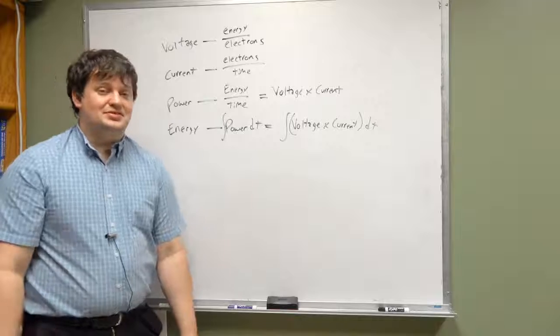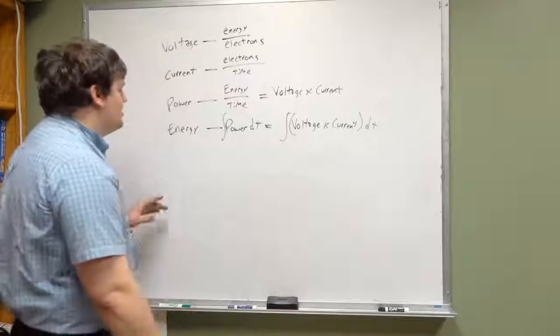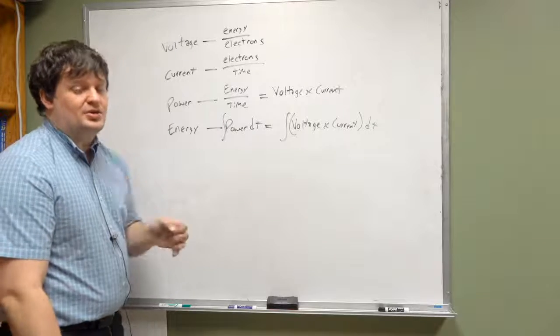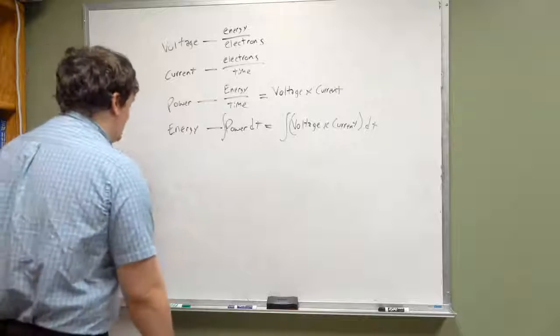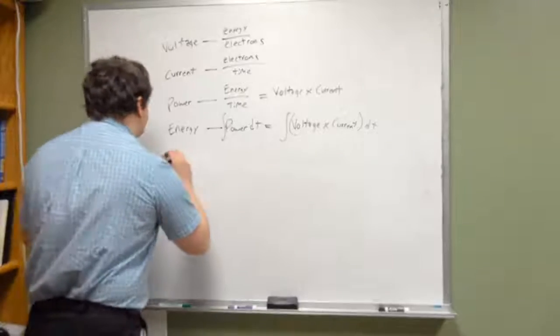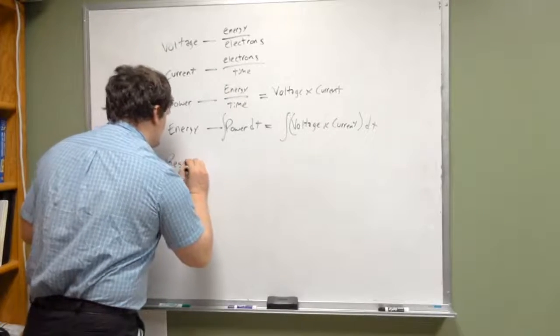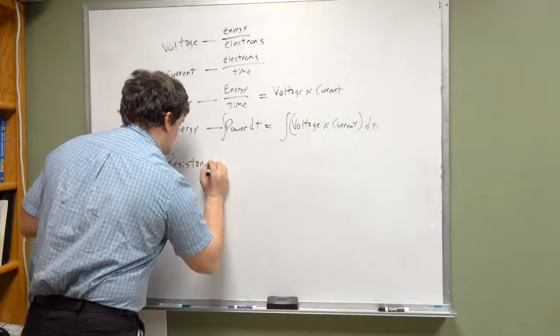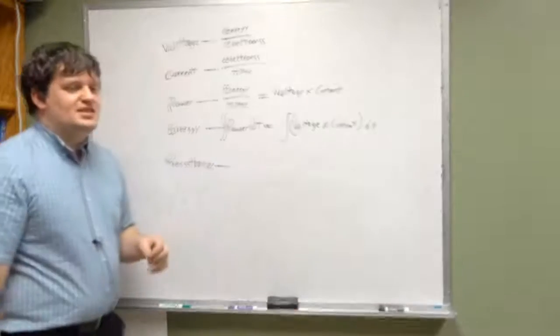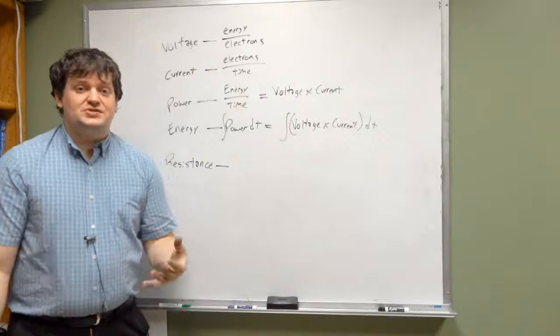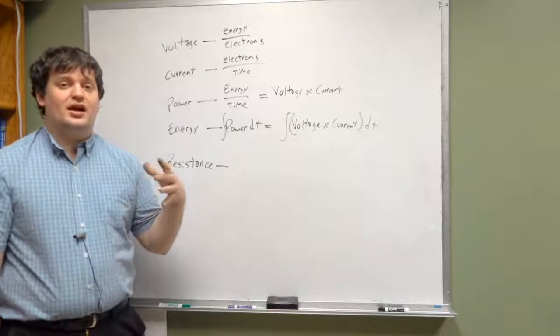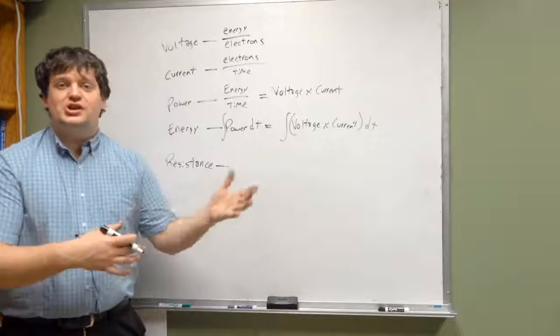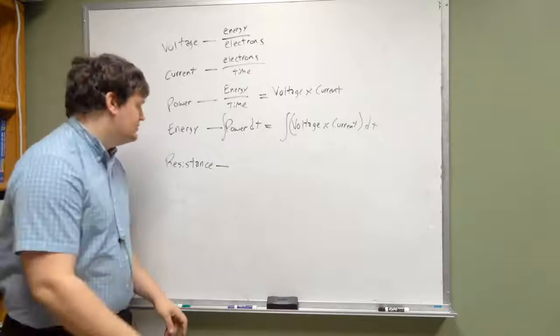This is hard stuff. Okay, but now I'm going to bring in a couple of other terms. Resistance. Resistance is the difficulty for an electron to move.